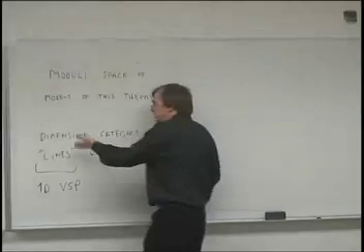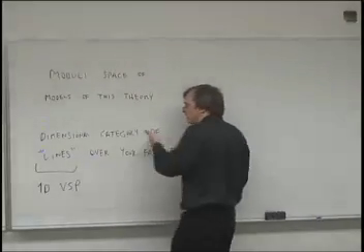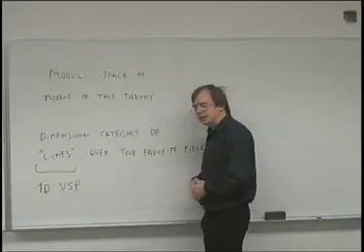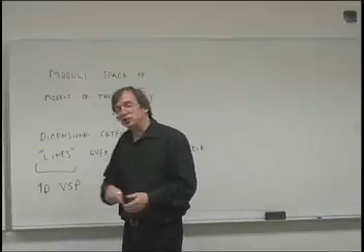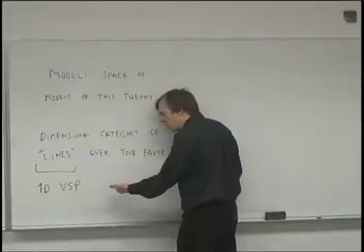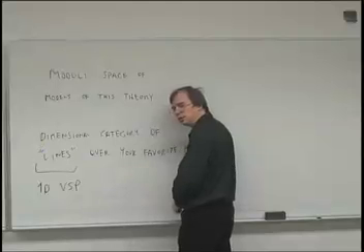But in any case, this is the analog. This is the thing that gives you the points, just like in affine algebraic geometry, you get the points by taking homomorphisms from your commutative algebra into the base field.